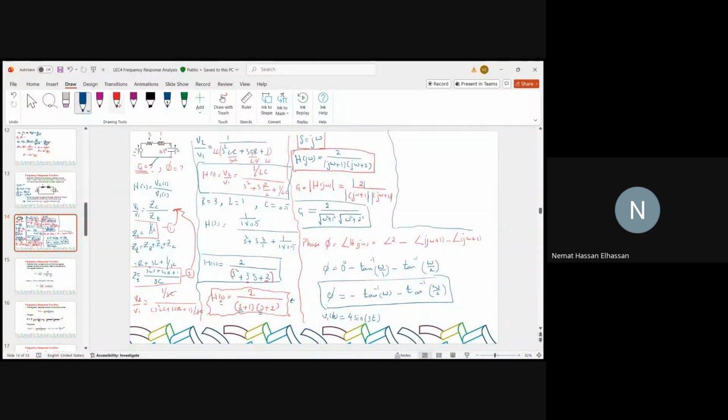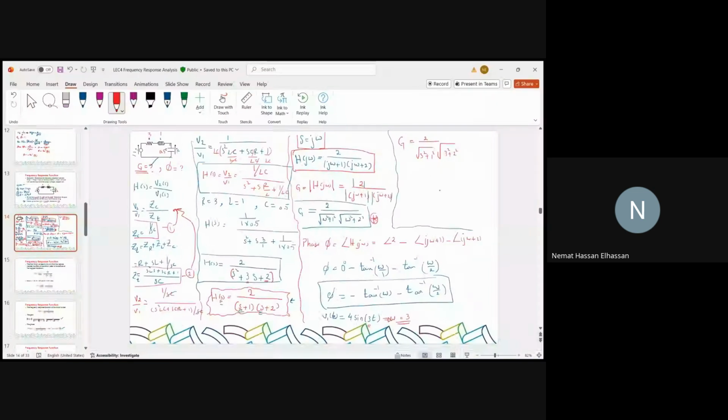So step 1, from here, I know that omega is equal to 3, because this is a linear system, which means that the omega is the same. The gain is equal to 2 over the square root of 3 squared plus 1 squared times the square root of 3 squared plus 2 squared.